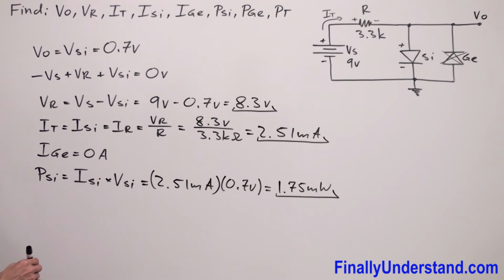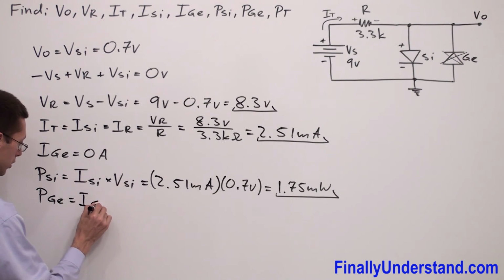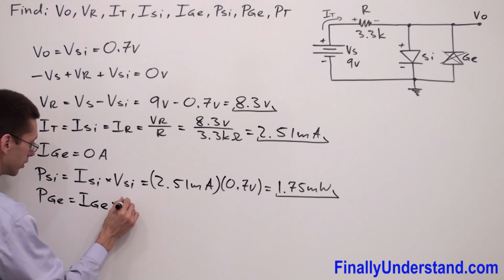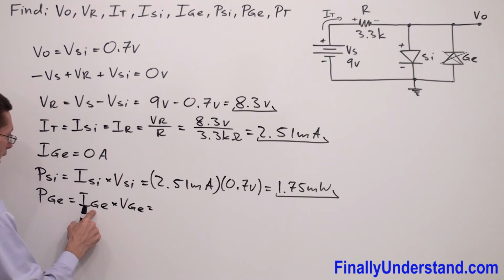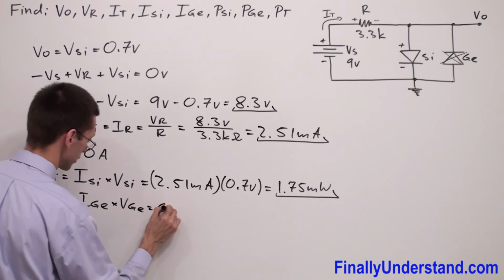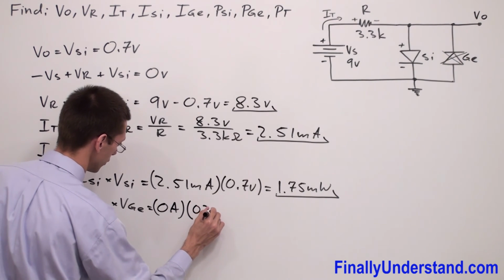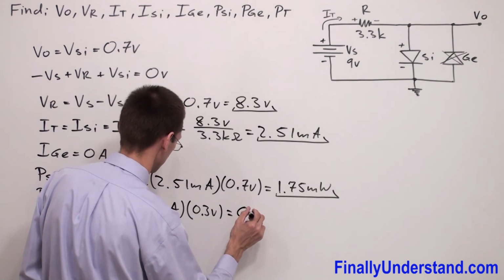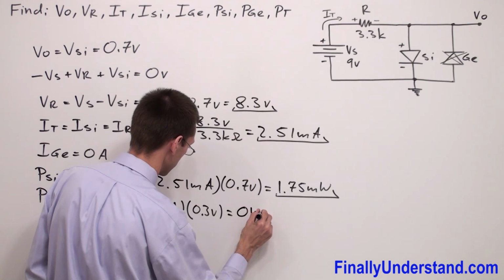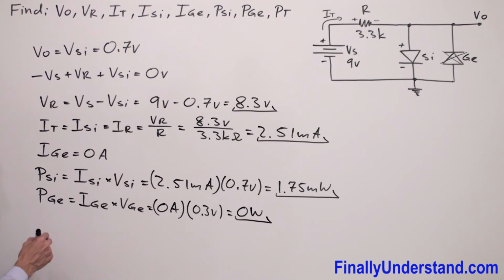Next, we're supposed to find the power at the germanium diode. P GE is equal to I GE times V GE. Please notice that I GE is equal to 0 amps times 0.3 volts. 0 times anything gives me 0, so that's why I'm going to write this as equal to 0 watts. Okay, next I'm supposed to find the total power.